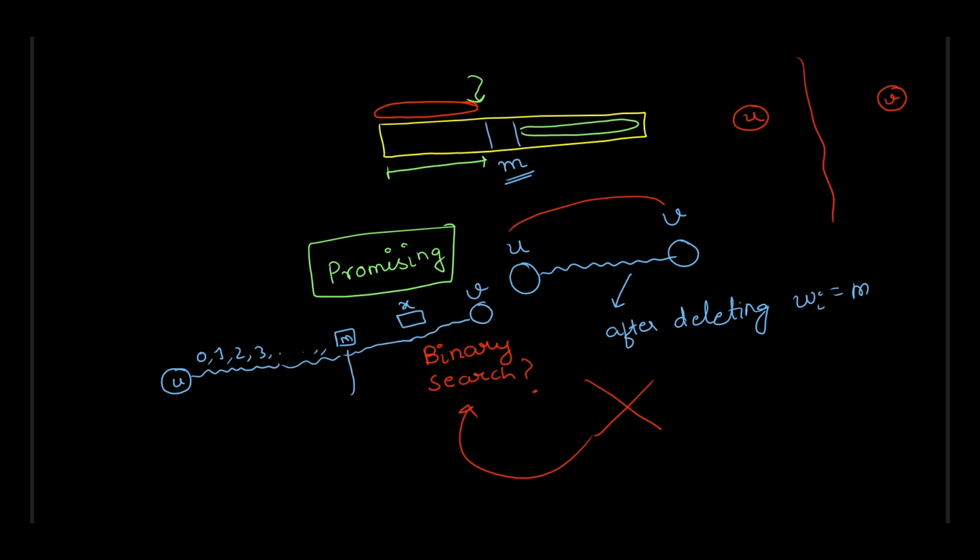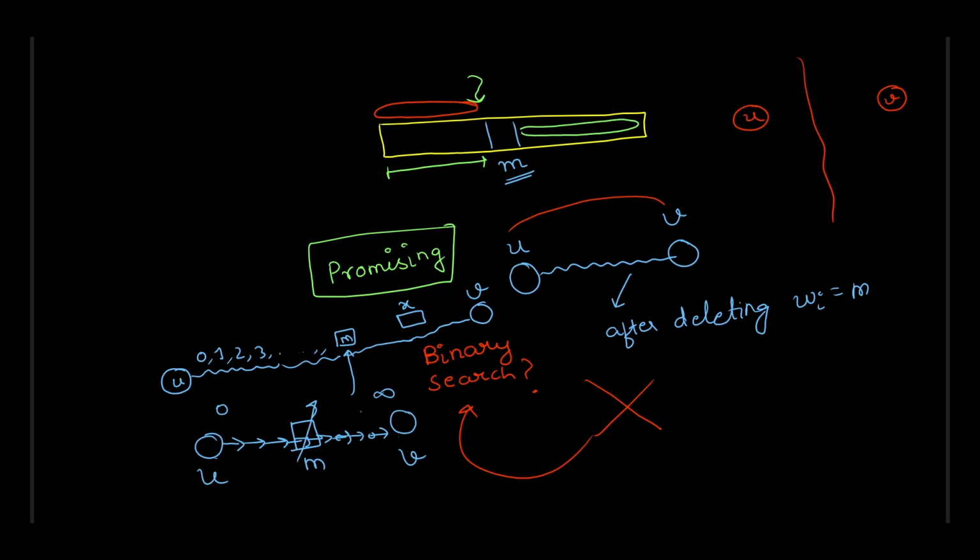So if you delete this, suppose there is only one path, consider a line graph, basically consider a line graph like so, and all the nodes have all the edges, and it goes from 0 to infinity, let's say. Then if you delete one vertex from here, which is M, then u and v will not be connected.